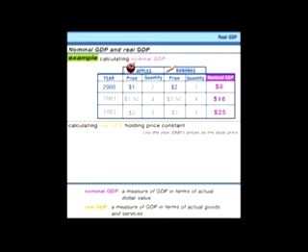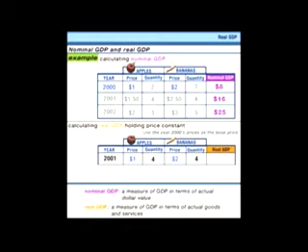The real gross domestic product in the year 2001 is now $1, the base year price of apples, times 4 apples, the quantity actually produced in 2001. That gives me a total of $4 on apples spent in 2001 using the base year price.